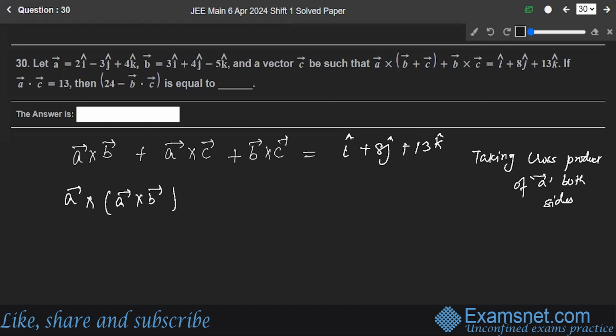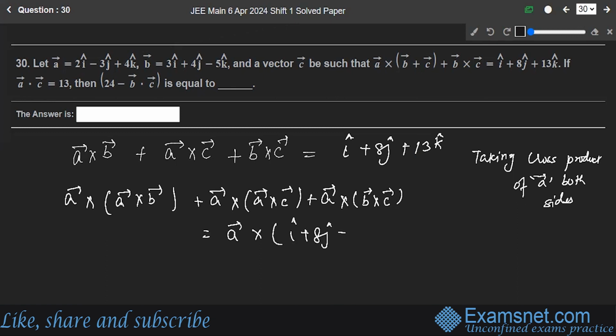So you will have A cross this plus A cross this plus A cross this, equal to A cross (i plus 8j plus 13k).